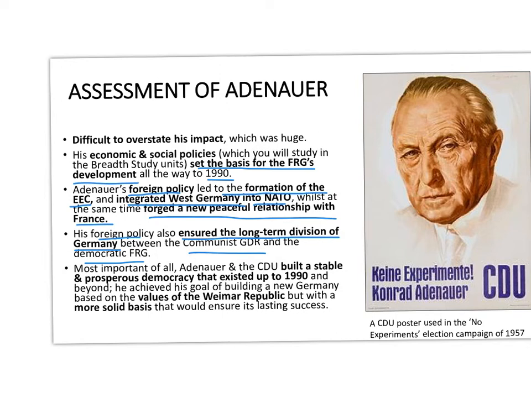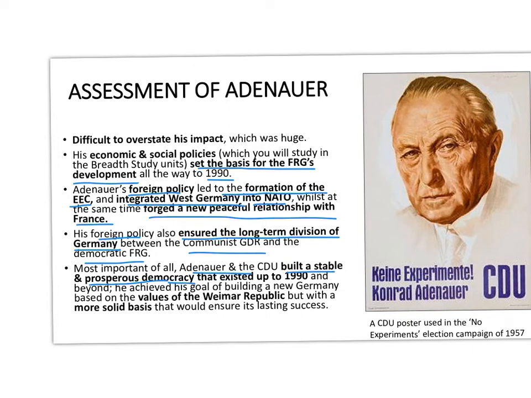Most important of all, Adenauer and the CDU had built a stable and prosperous democracy. So economically, you've got the great miracle of the 1950s, astonishing rates of growth that we'll look at in a later lesson. You've got a model democracy that is clearly working well. You've got stable government that is working well.